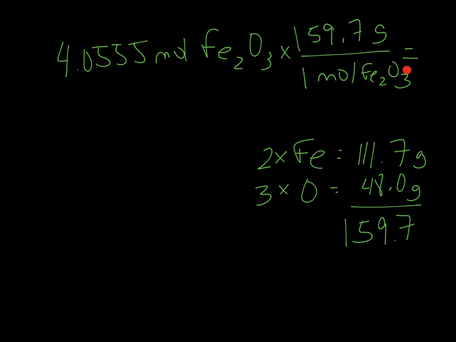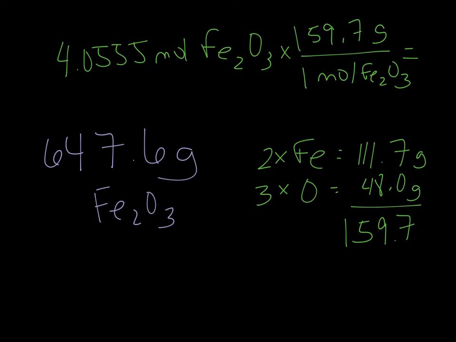That's my molar mass ratio. I can use that to figure out what mass I would have if I had 4.055 moles. And if you multiply 4.055 times 159.7 divided by 1, I think you get 647.6 grams of iron 3 oxide.